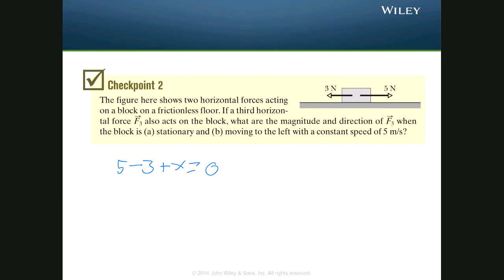Let me write it like we should. 5 minus 3 plus F3 equals 0. We want the net force to be 0. So we solve for F3, and F3 equals minus 2. So that would be 2 this way.